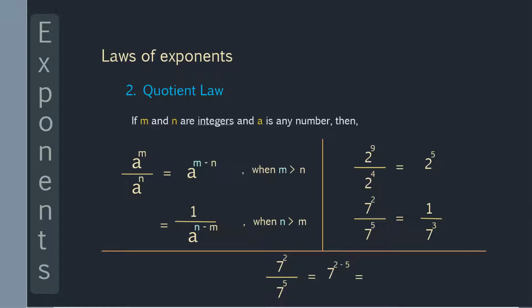That is equal to 7 raised to minus 3. And soon we will see that a negative power means its reciprocal. That means this is equal to 1 by 7 raised to 3, which is the same result as we obtained applying the second form. So both the forms are the same.